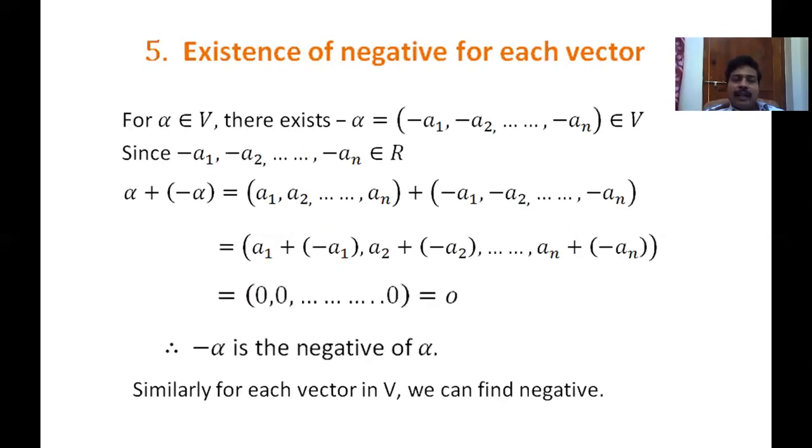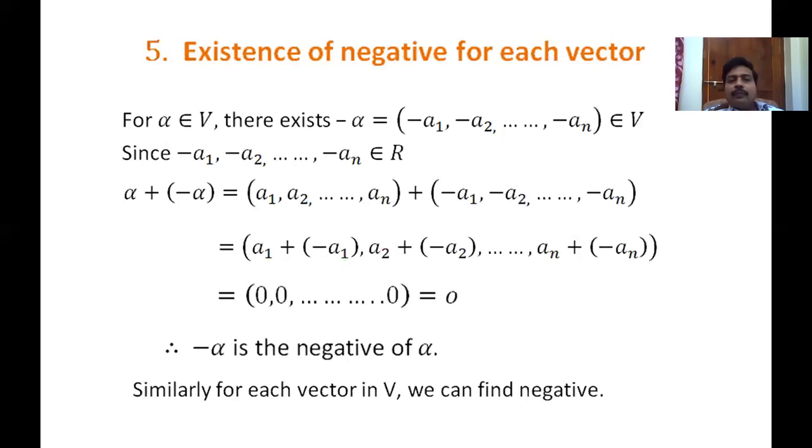So we find a vector minus alpha for alpha such that alpha plus minus alpha is equal to O, the zero vector. So alpha has a negative and minus alpha is the negative of alpha. Similarly, we can prove that for each vector in V, there must be a negative.